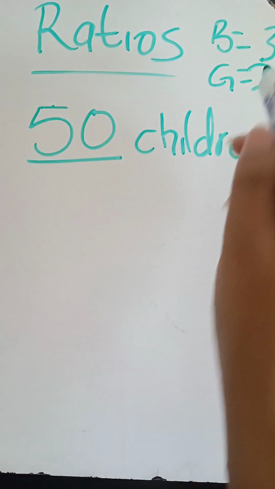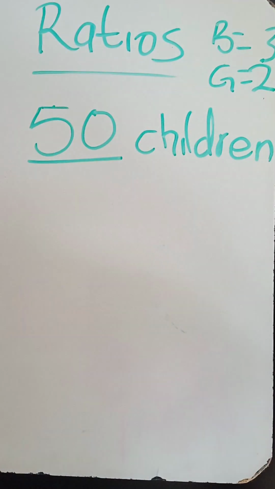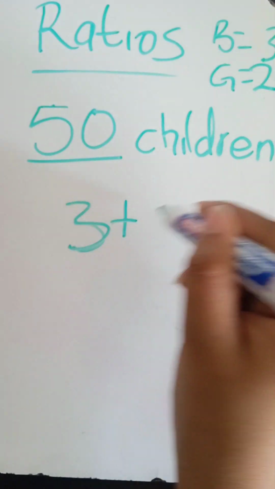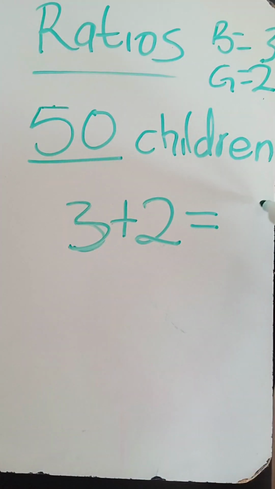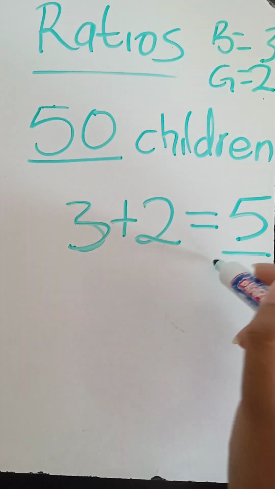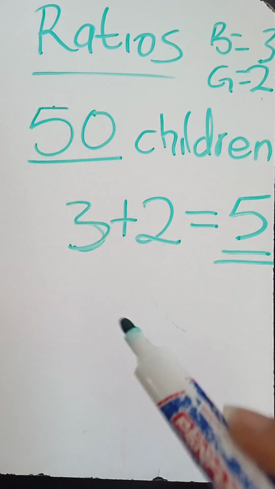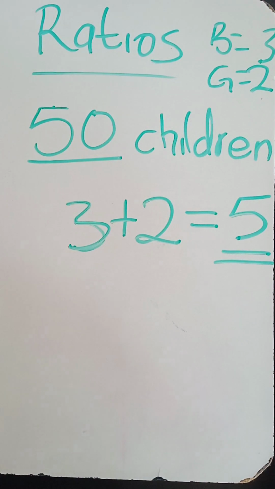You take your ratio, you take 3 and add 2, and then you get 5. This is going to be the total of your ratio, which you will use to calculate how many boys and how many girls. So let's start with boys. Boys are a ratio of 3, remember?